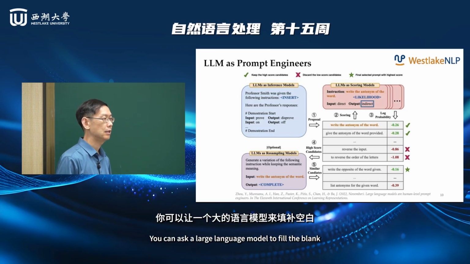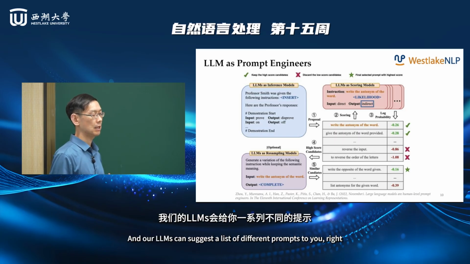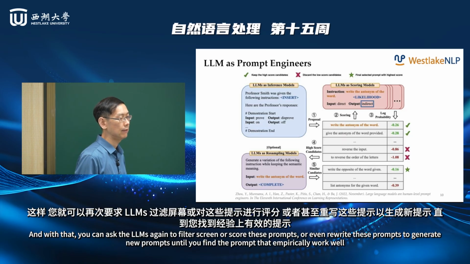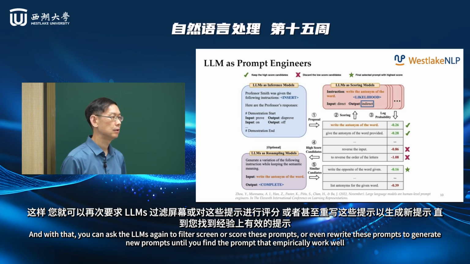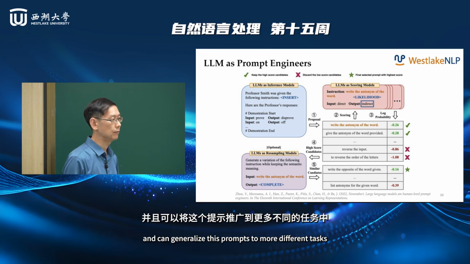You can ask a large language model to fill the blank. Guess what kind of prompt can lead to the correct or the desired output, and LLMs can suggest a list of different prompts to you, right? And with that, you can ask the LLM again to filter, screen, or score these prompts, okay? Or even rewrite these prompts to generate new prompts until you find a prompt that empirically works well, and you can generalize this prompt to more different tasks.